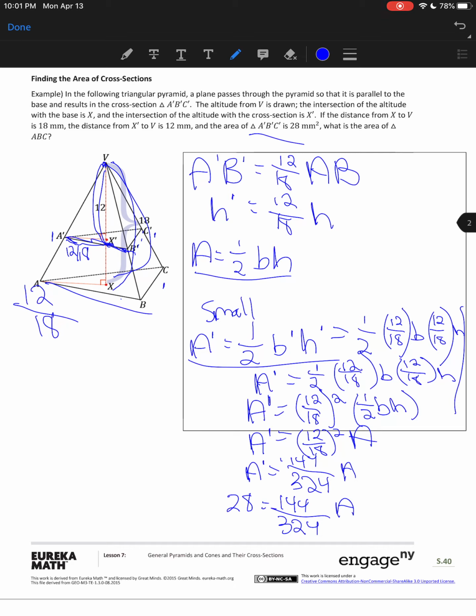If we multiply this side by 324 and this one by 324, this cancels out there. And this side, I'm just going to rewrite it over here: 324 times 28. We'll get 9,072.